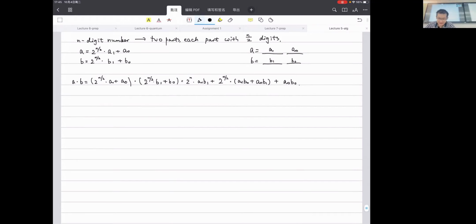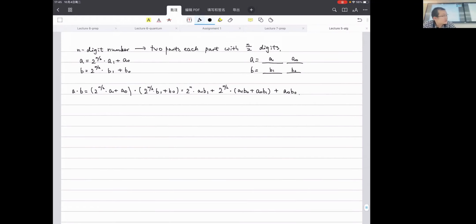This is a relatively straightforward strategy. Here we are multiplying 4 n over 2 digit numbers. After that, we need to add 2 n over 2 digit integers.